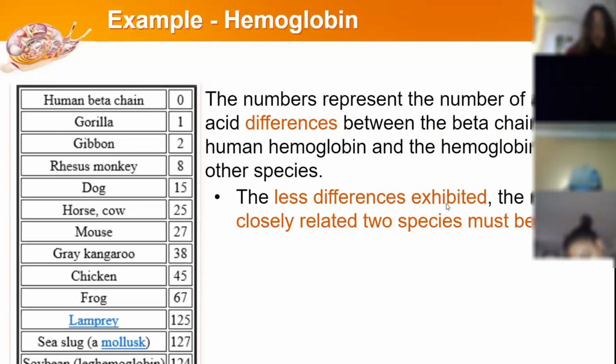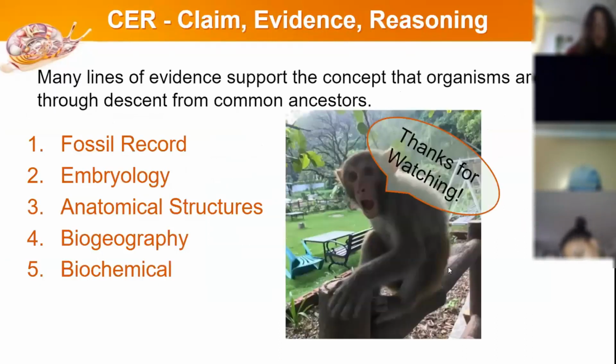So the fewer the differences, the more closely related two organisms are, the more recent their common ancestor. So you should be able to talk about each of those disciplines and how they supply us with evidence for evolution. And you should be able to analyze why they are pieces of evidence of evolution.